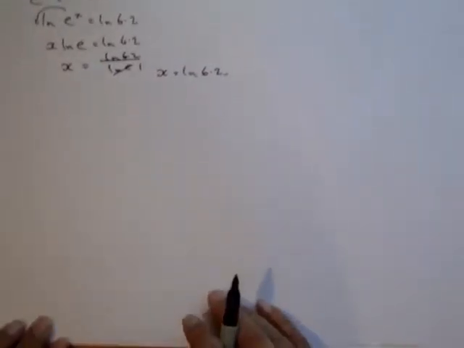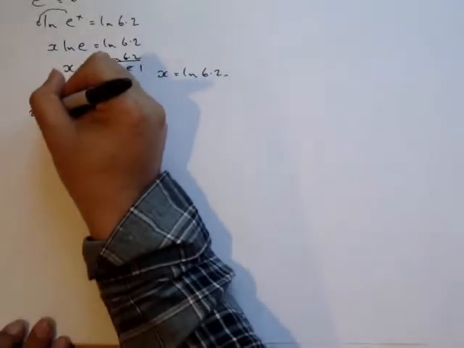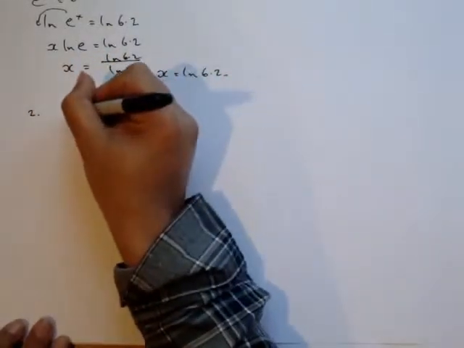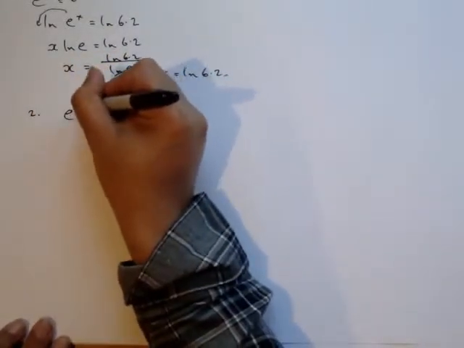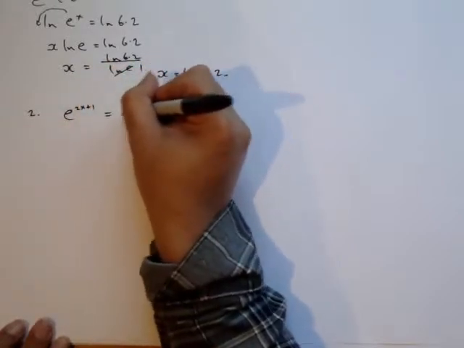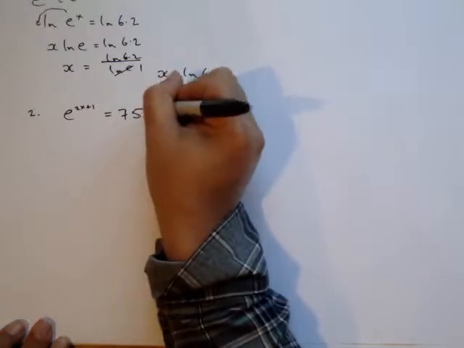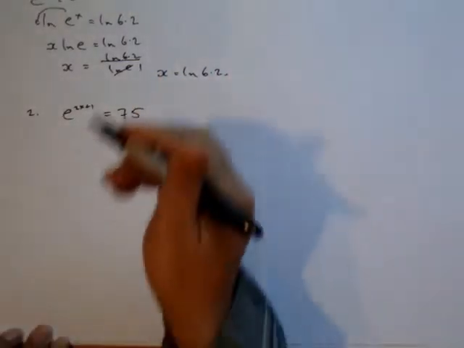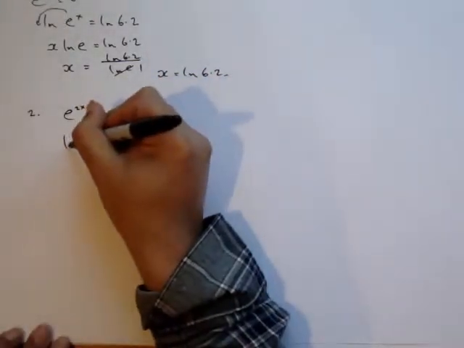And this second example, e to the 2x plus 1 equals 75. So again, take natural logs both sides.